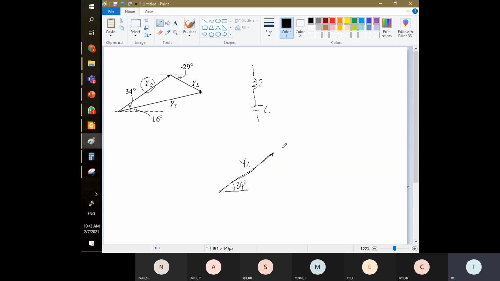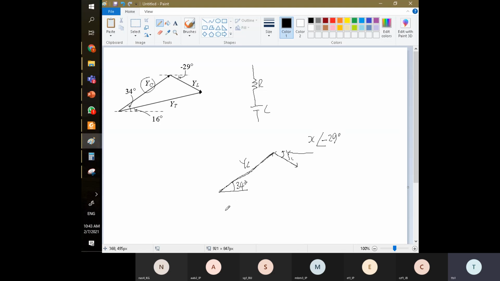Another one is YL. YL is here, at this negative degree. So YL is something at negative 29 degrees, something at negative 39 degrees.